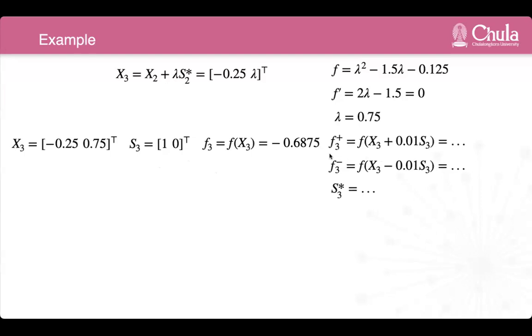We find which way to go, positive or negative, based on this vector 0, 1, and find lambda, and you substitute it back. Any questions for this algorithm?